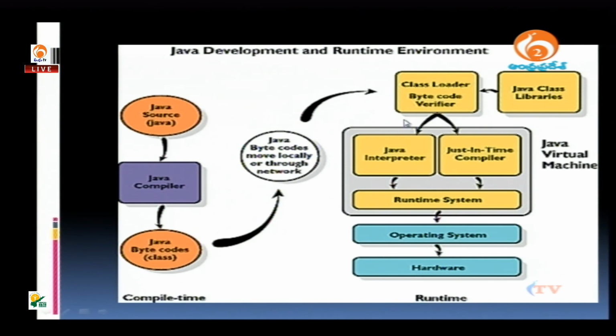Next, the Java interpreter and the Java just-in-time compiler will execute. Why do we have the interpreter and the JIT compiler here? The interpreter already exists, right? What is the use of the compiler?